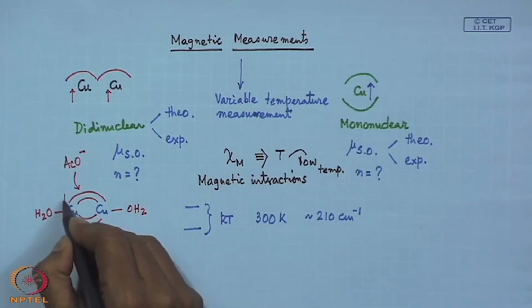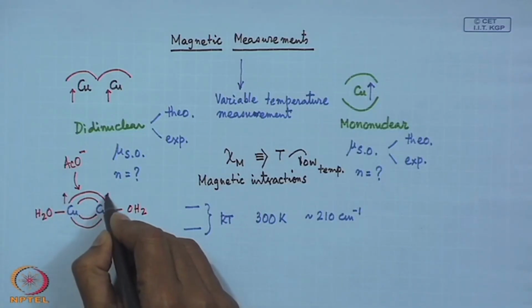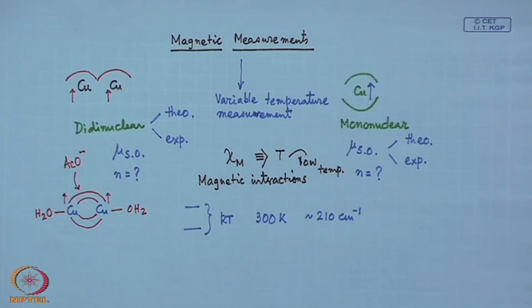So, we have typically one unpaired electron on this copper center and a second unpaired electron on the other center.